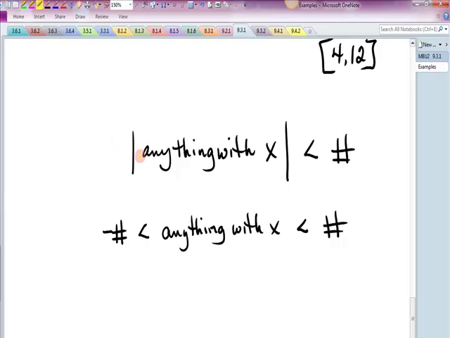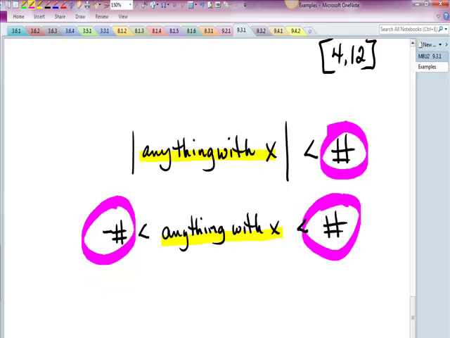So you will always have whatever this is in the middle, between the negative of that and the positive of that. You'll need to solve this for x.